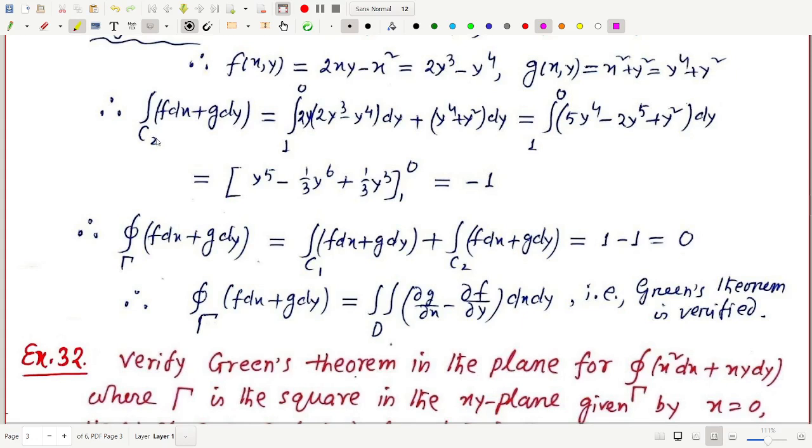So the line integral along C2, not a closed curve, just part of the parabola, f dx plus g dy becomes integral from 1 to 0. This is important: integration limit 1 to 0, lower limit 1, upper limit 0.